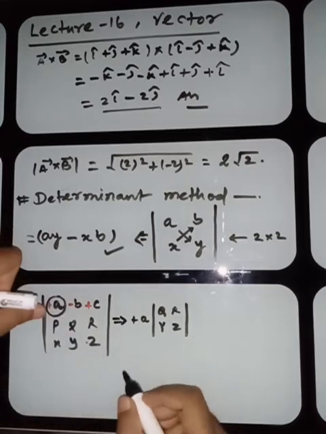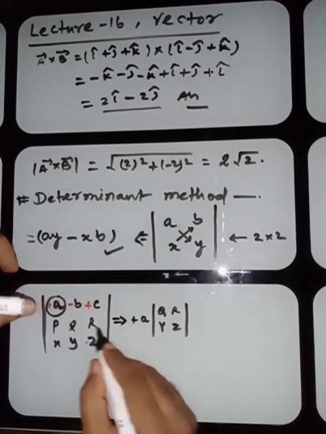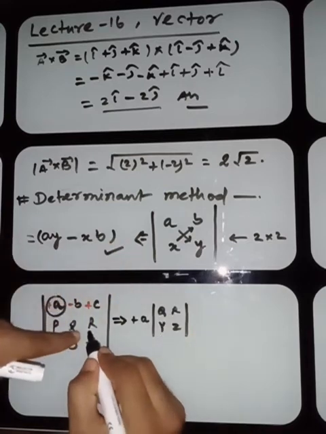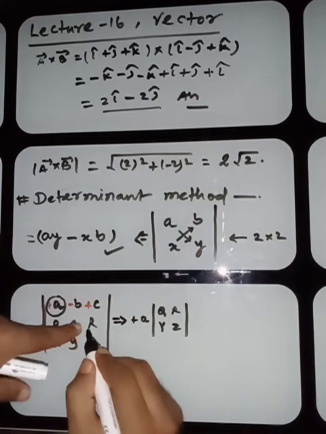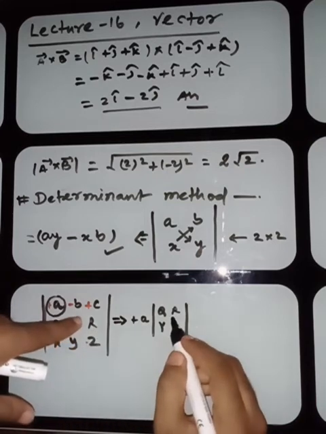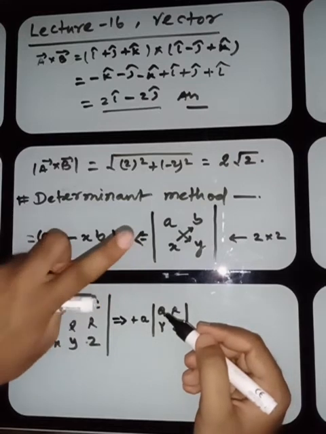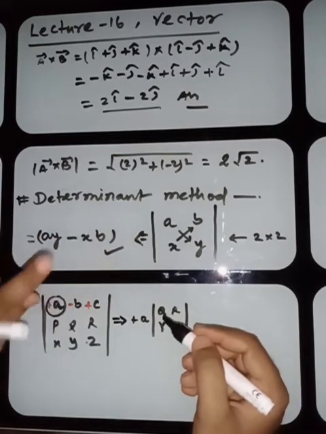Now you can see it was Q, R, Y, Z. In the question, if it is already minus R, then you will write the minus. Remember, you have to give the nature only to the 3 members for which you are going to split the determinant.